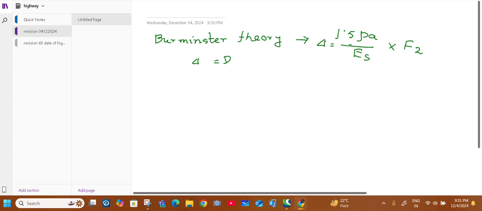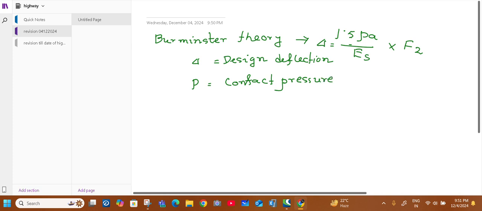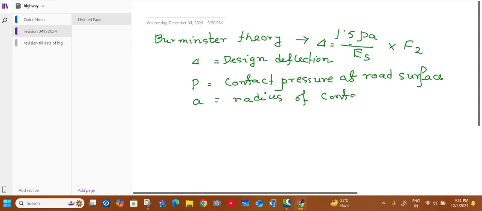Delta is design deflection, P is the contact pressure at road surface, A is the radius of contact area.